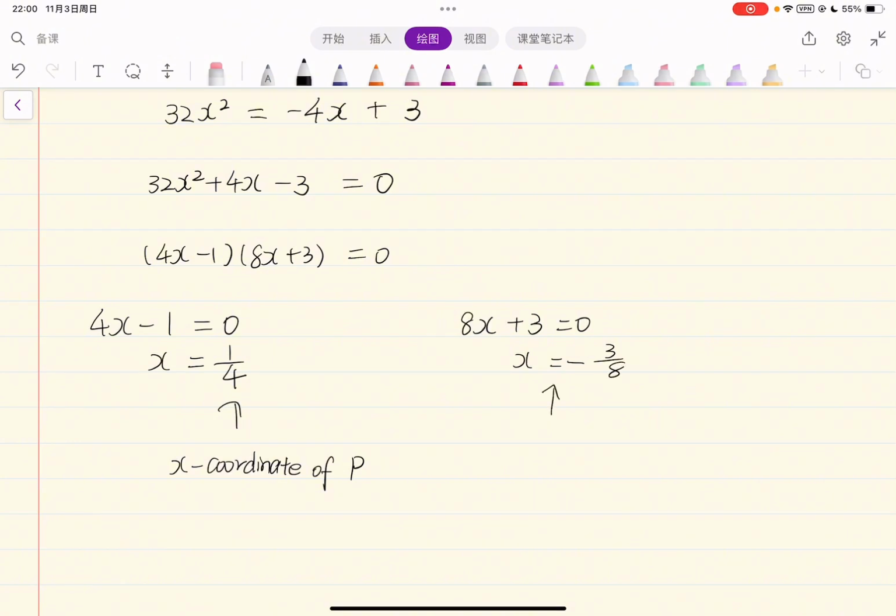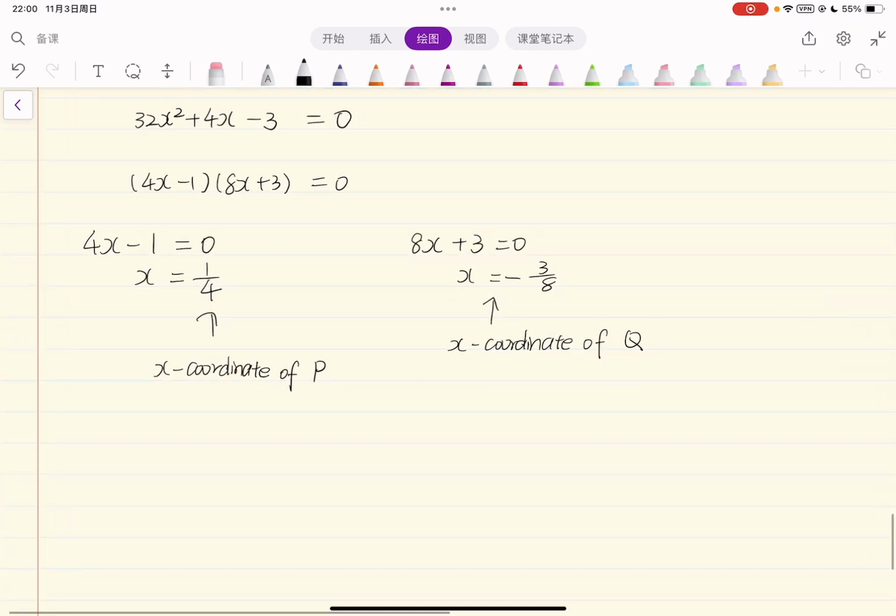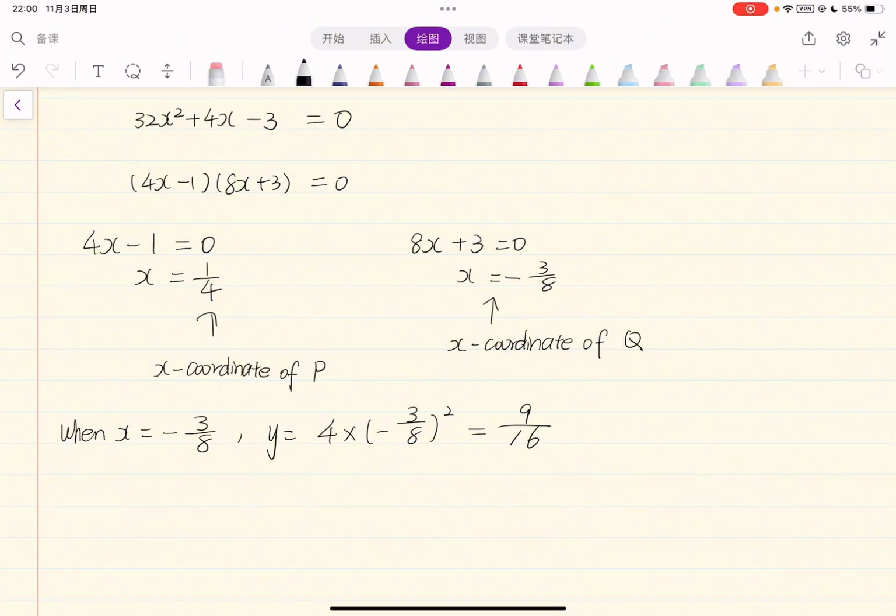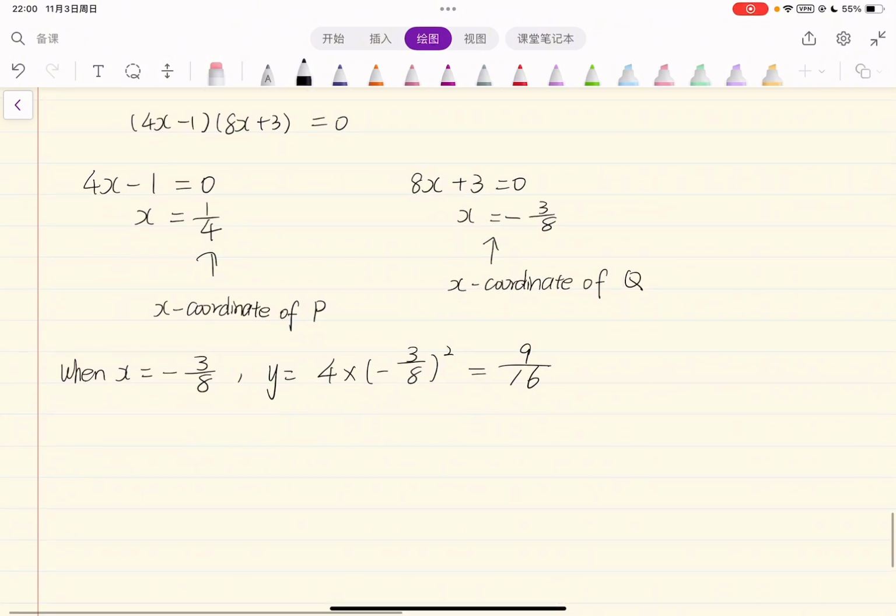That is the x coordinate of the point Q. So when x equals negative 3 over 8, y equals 4 times negative 3 over 8 squared, which equals 9 over 16. So the point Q has the coordinates negative 3 over 8 and 9 over 16.